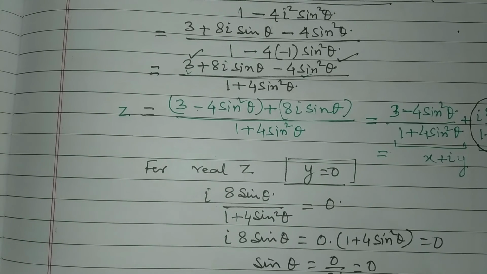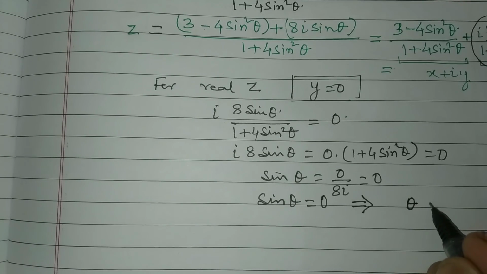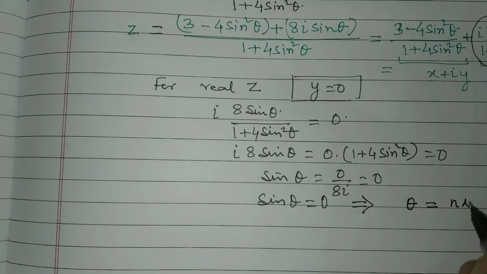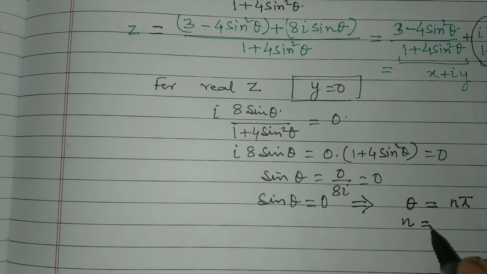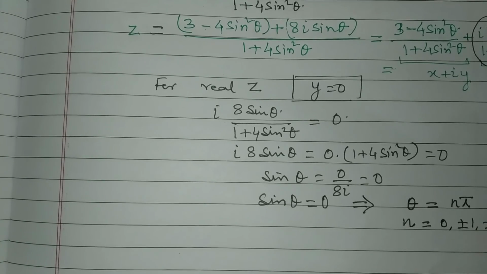It implies that theta is equal to 0 degrees, but the general value: sin theta is equal to 0 when theta is equal to n pi, where n is an integer, 0, plus minus 1, plus minus 2, plus minus 3, and so on.